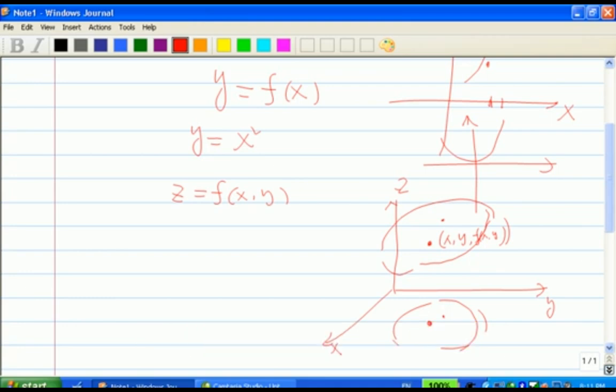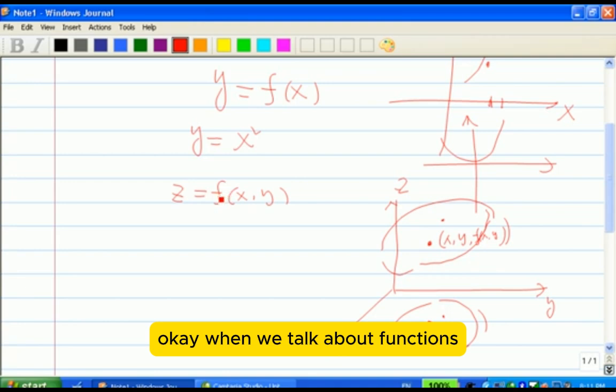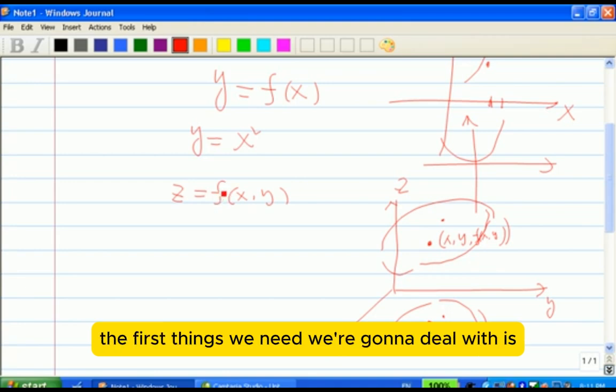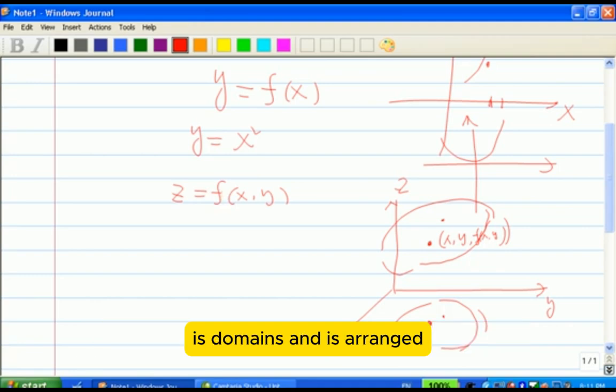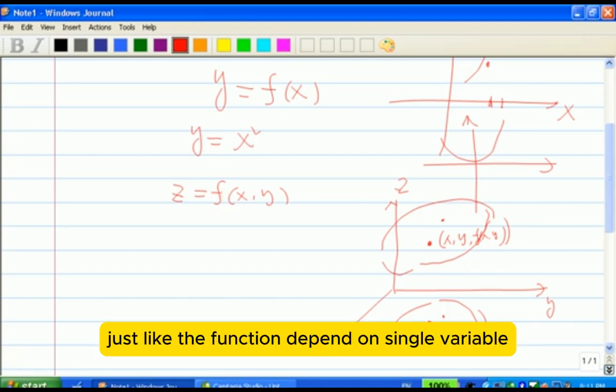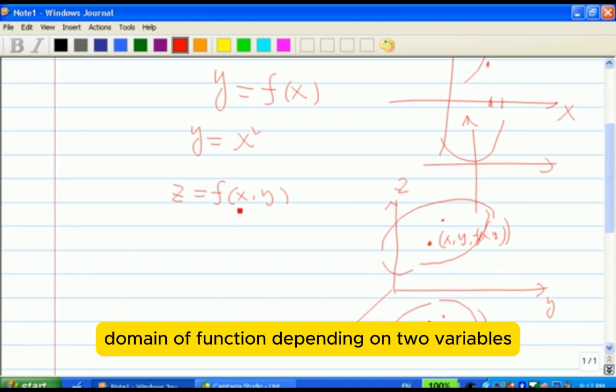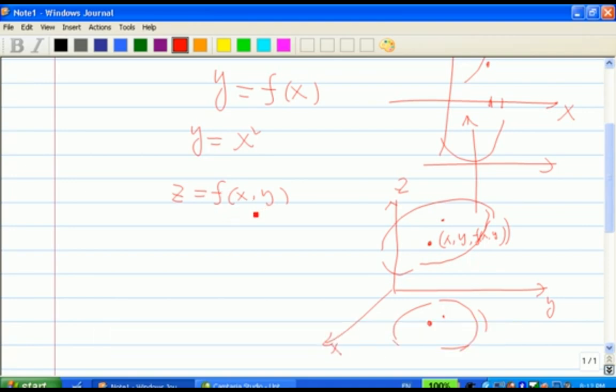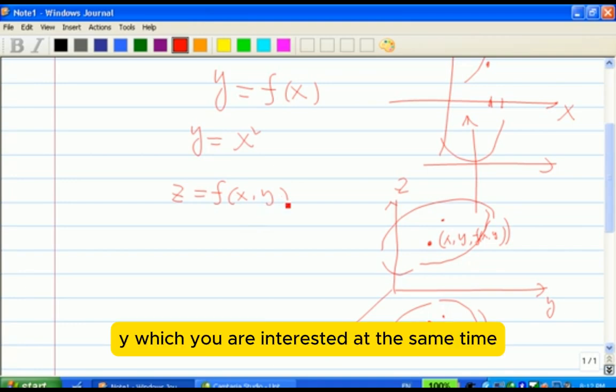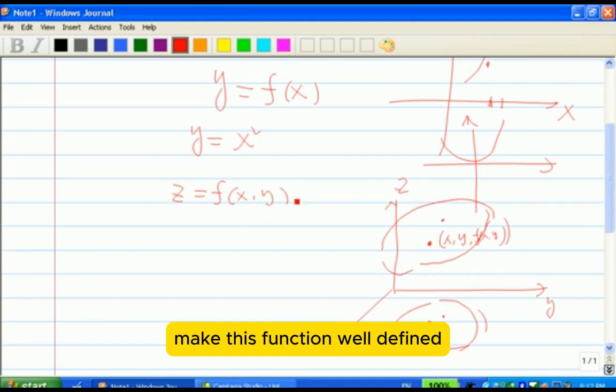When we talk about functions, the first things we deal with are the domain and the range, just like for a function of a single variable. What is the domain? The domain of a function that depends on two variables is the set of those x, y which you are interested in that at the same time make this function well defined.